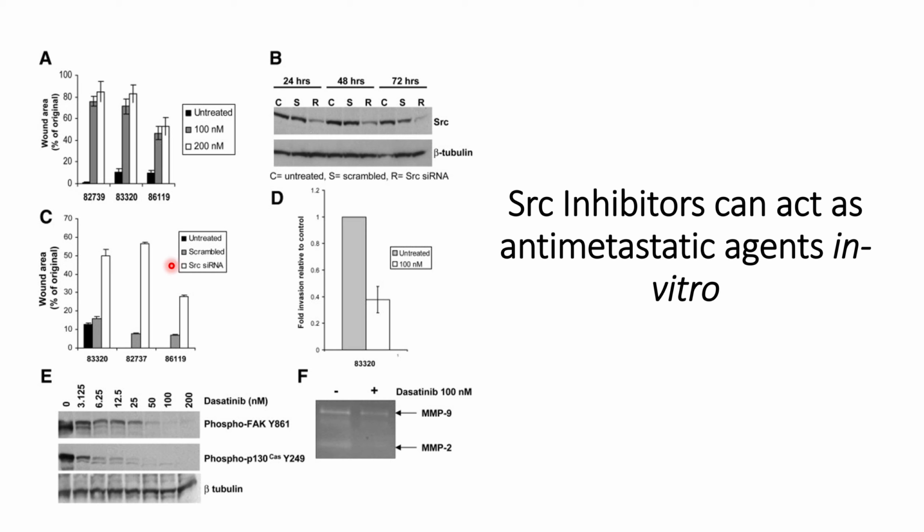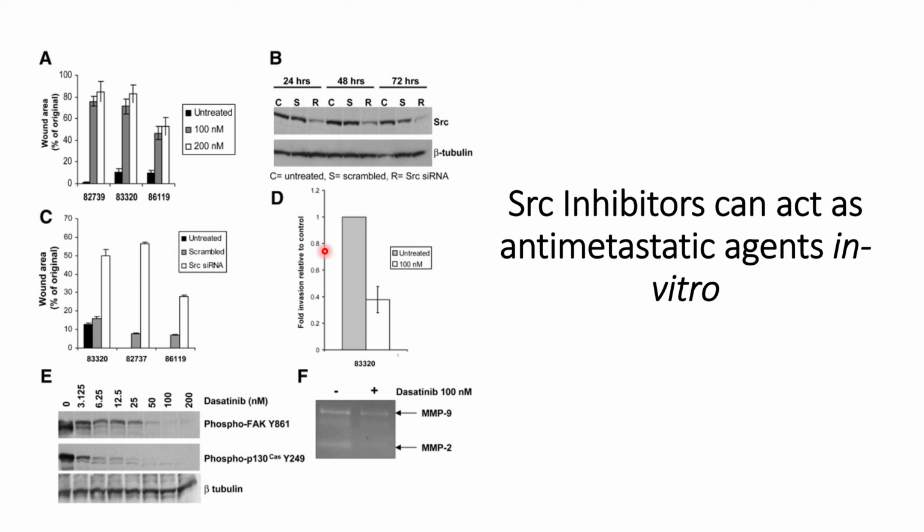So this indicates that it's the siRNAs or the SRC pathways that play a role in these migrations, and disruption in SRC might affect the migration properties of the PDAC.